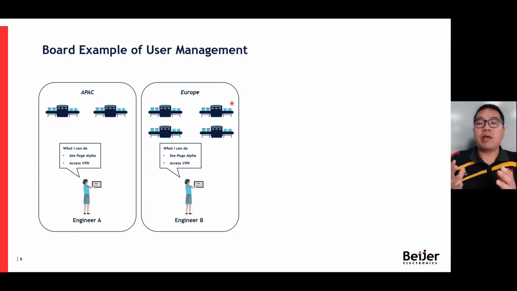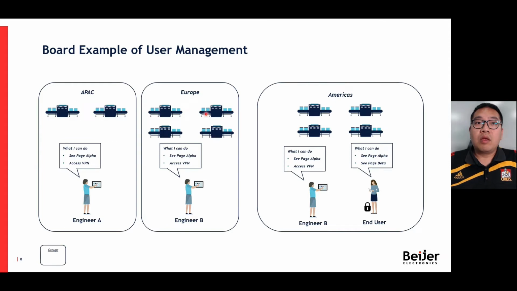For example, when you create a user as a group-based user, you can select APAC, Europe, or Americas in this case. When you have a group-based user added to the APAC group, you will only see the machines or the routers that are within the APAC group. The same can be said for Europe and Americas.